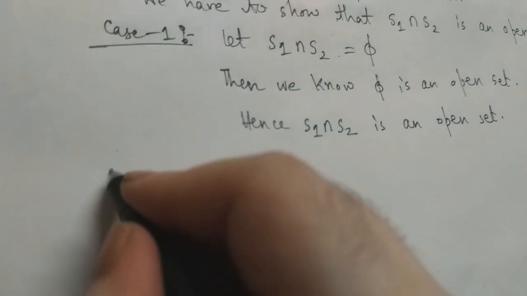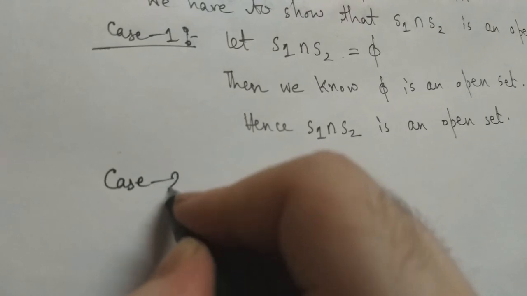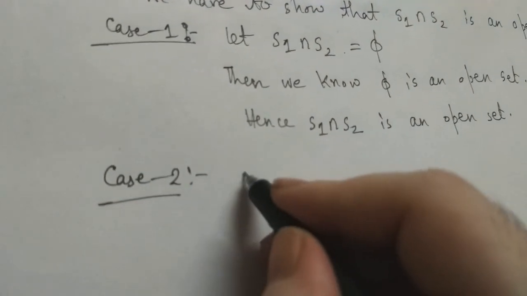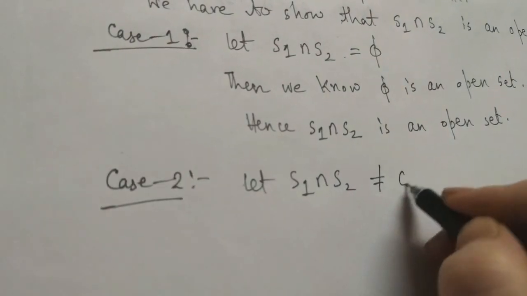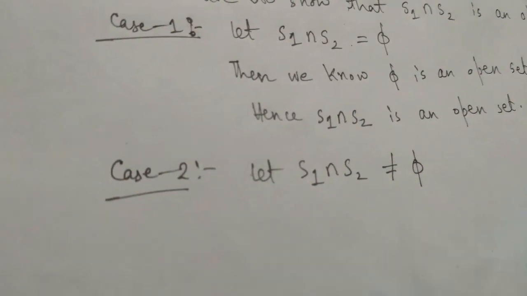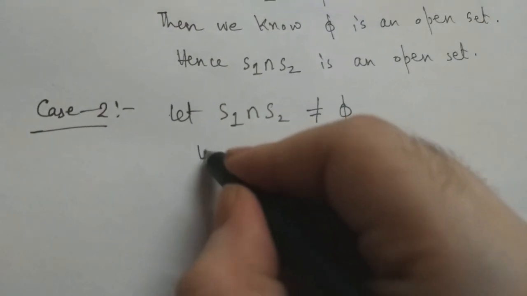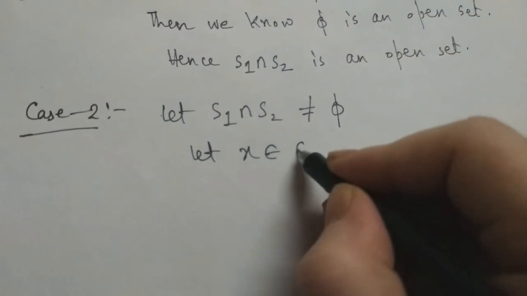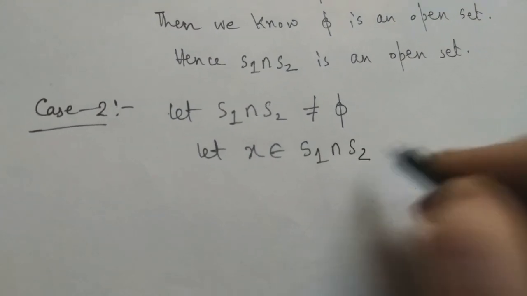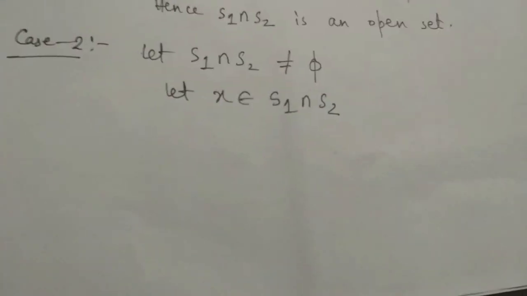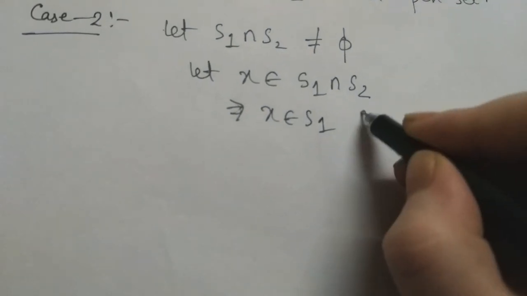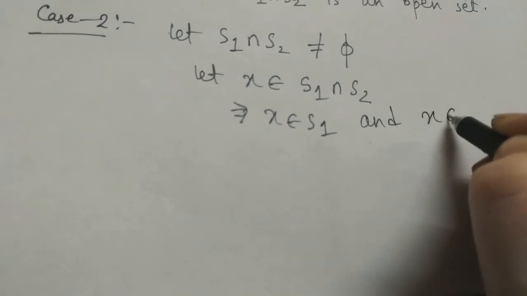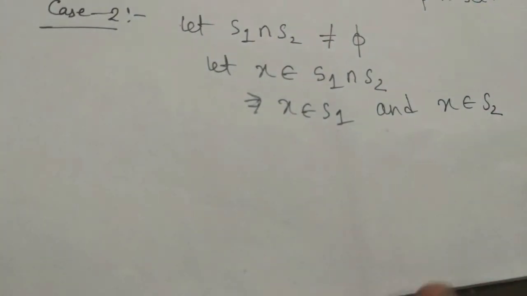Now, case 2. Let S1 intersection S2 be non-empty, not equal to phi. That is, they have a common element. Let x be an arbitrary element of S1 intersection S2. Now, this implies x belongs to S1 and x belongs to S2, since this is intersection.